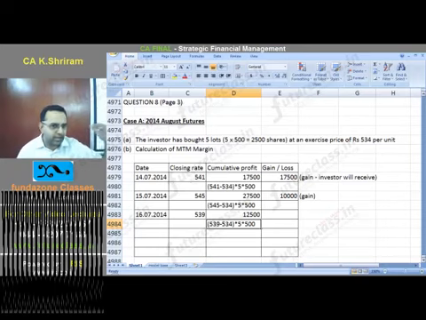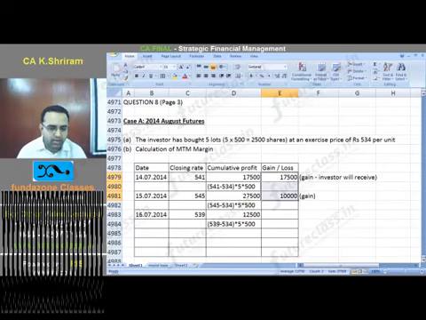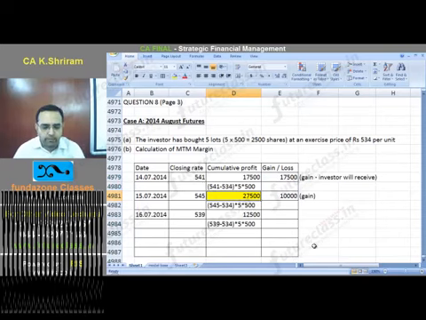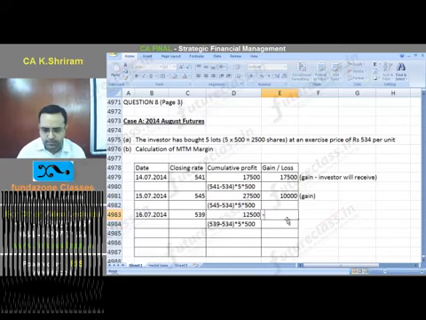This is the total profit he has made in the last 3 days, correct? And what is the money that he has already received? 27,500. So will he receive money or pay money? Pay how much? 15,000. 27,500 minus 12,500.